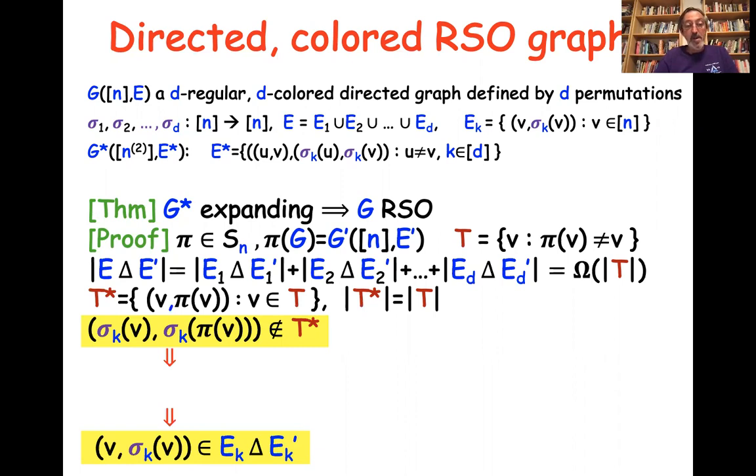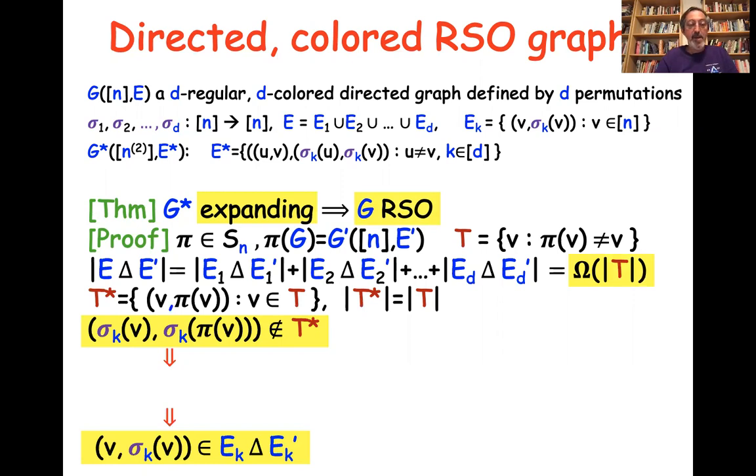I'll show you this in a moment, but let's see why it finishes the job. Well, remember that G star is expanding. So out of any set, like T star, the number of things moved out is linear in the size. So it's omega of T. And since that's exactly what the definition of RSO was, we know that G itself is RSO.